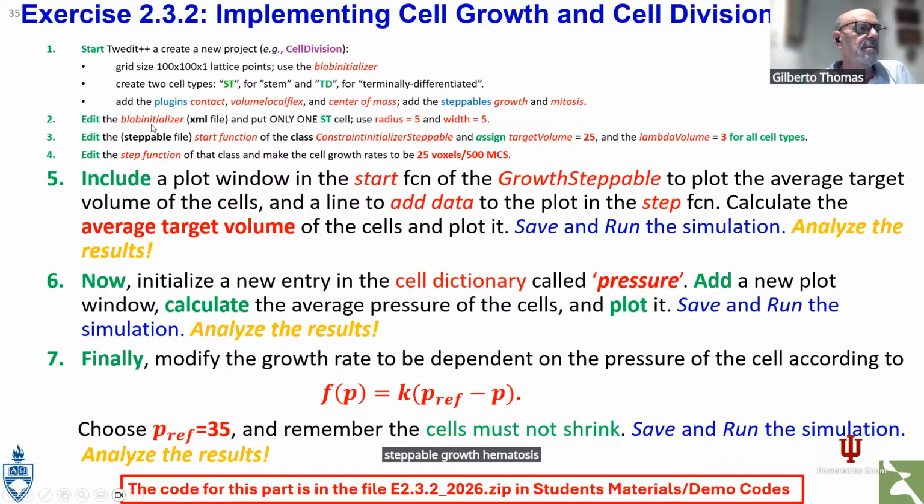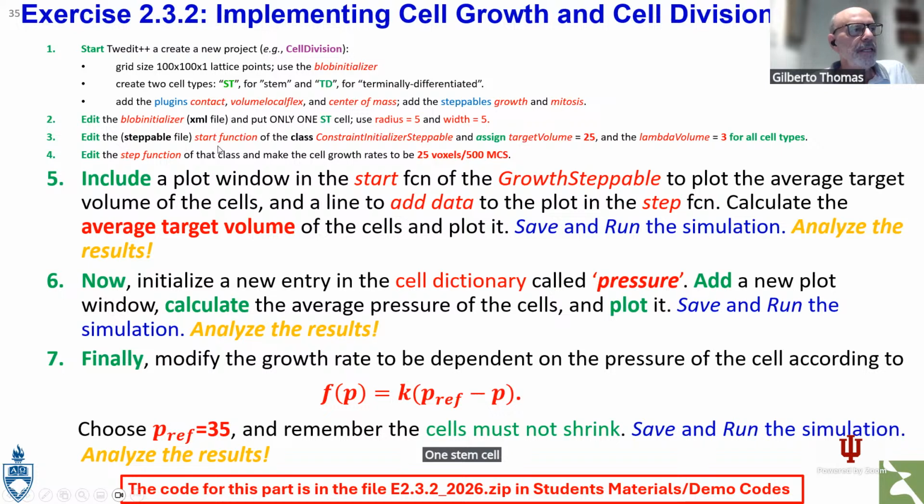Modify the BlobInitializer to use radius 5 and width 5. I mean, you're going to start again with only one cell, one stem cell.